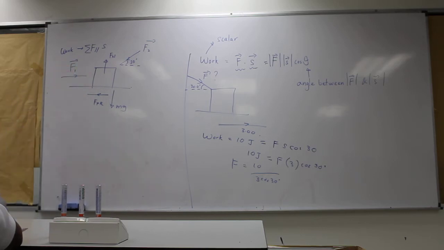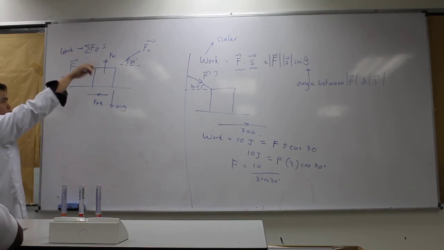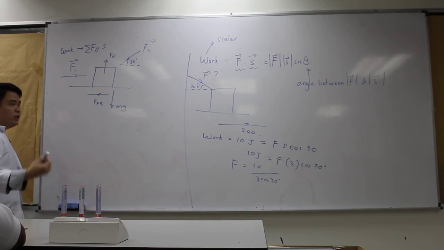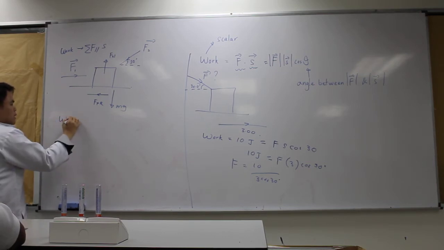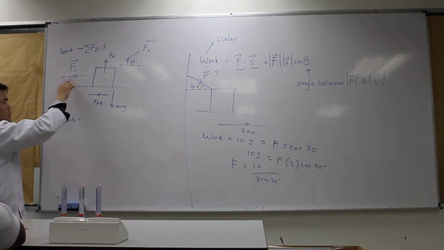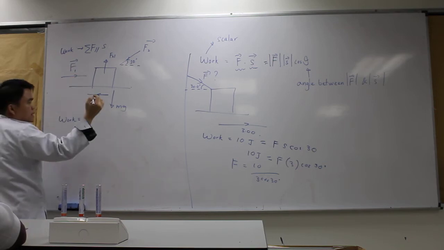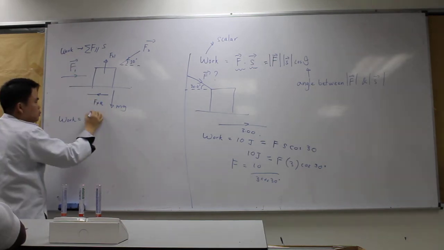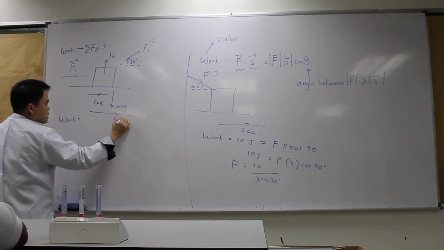So the question is, what is the net work done by all these forces? In order to get it, you say work equals the sum of all those forces that are parallel to the displacement. Let's say the displacement is 3 meters to the right.